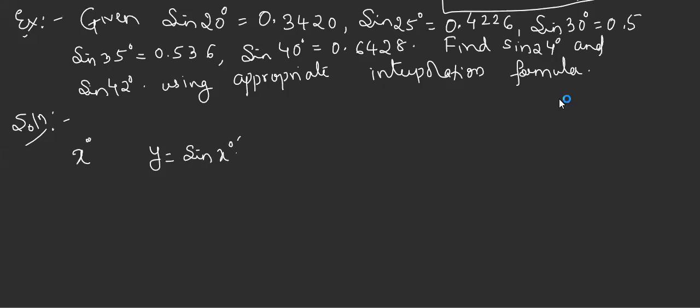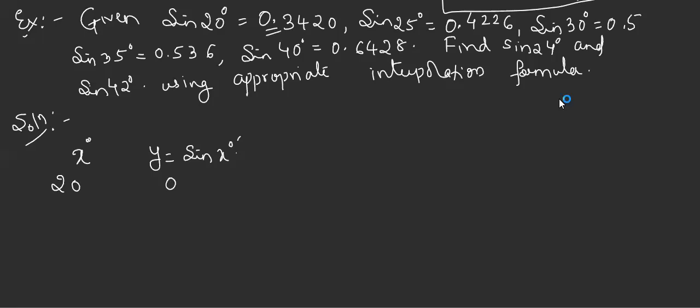See this value is given and tell me. Sine of 20 equal to 0.3420. In this, what do I have to take as the x value? Only 20, we have degrees. So if I operate sine on this value, the corresponding value is taken as y.